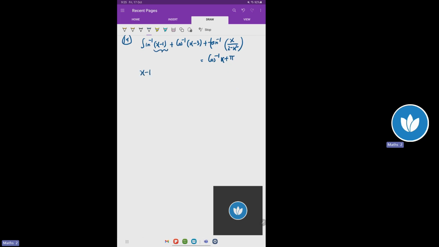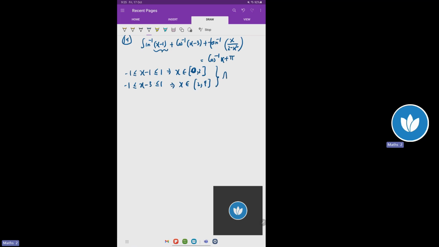Whatever is inside sine inverse has to range from minus 1 to 1. Whatever is inside cos inverse has to range from minus 1 to 1. So here the x range would be 0 to 2, and from this the x range would be 2 to 4.